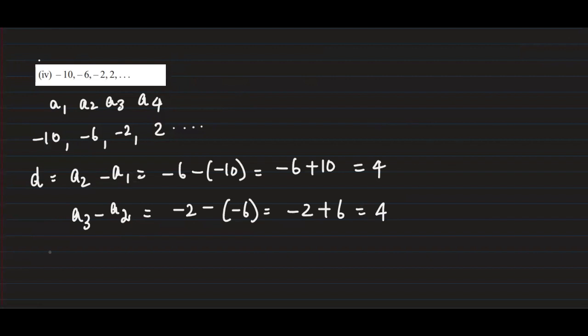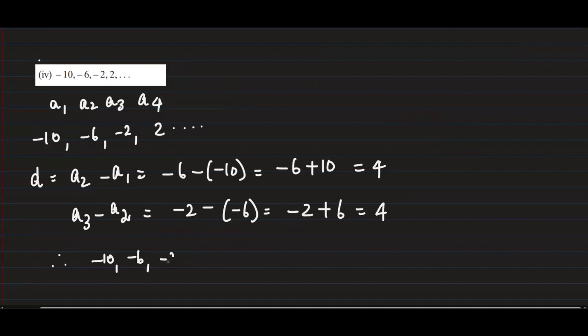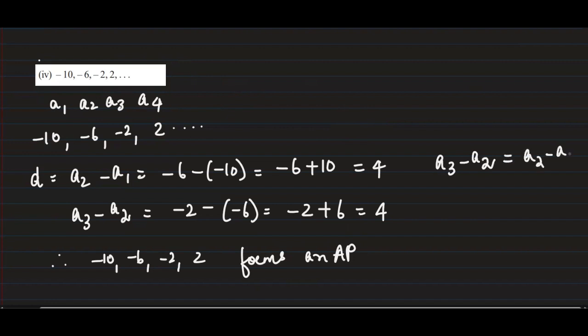Okay. Now we'll have to find the next three terms of this series. So we should say therefore the series minus 10, minus 6, minus 2 and 2 forms an AP. Okay, now the reason here we should say is a3 minus a2 is equal to a2 minus a1.